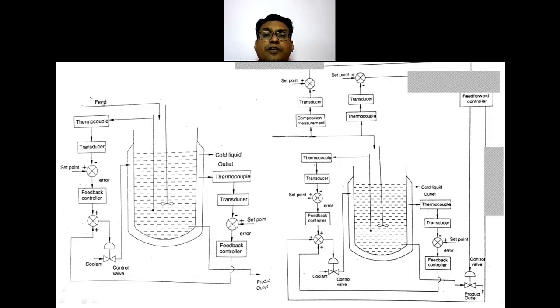However, the feed doesn't have any control system. So in this case, the feed has two controlling functions, that is the composition measurement and the temperature measurement for the inlet fluid.